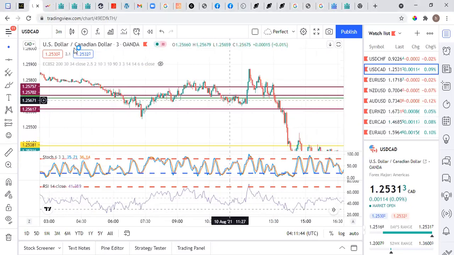So if you are here, you're watching this, and you don't have TradingView, like you've not started using TradingView, you can simply go to tradingview.com.